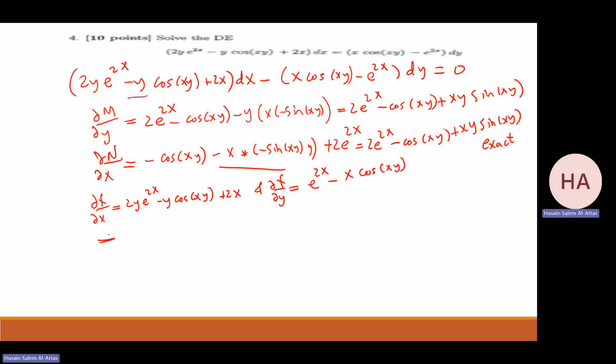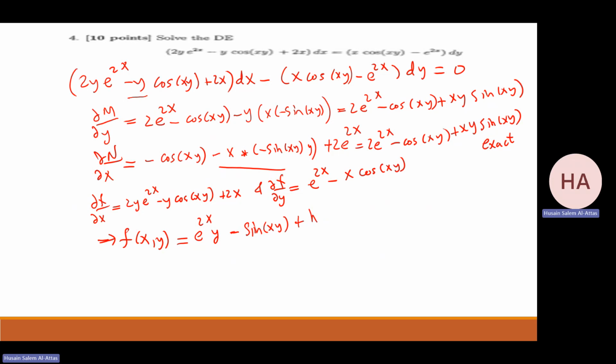Let's start with partial f with respect to y. So f of x, y will be what? e to x times y minus sine xy. You can do it by substitution. Also, you can check it: cosine xy derivative with respect to y is x. It's correct.